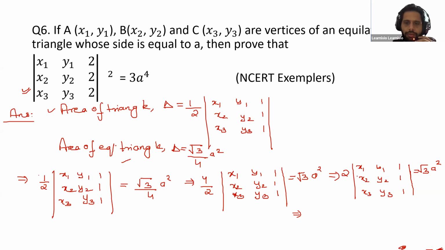Sorry, sir, I can't hear you. Will any particular row or column get multiplied, or the complete matrix, or all the elements will get multiplied with 2? All elements.